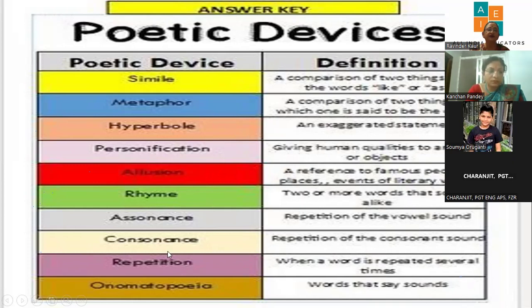Assonance and consonance, students get a little confused in this. Assonance is the repetition of the vowel sound, and consonance is the repetition of the consonant sound. Then repetition, when a word is repeated several times. And onomatopoeia, words that say sounds.